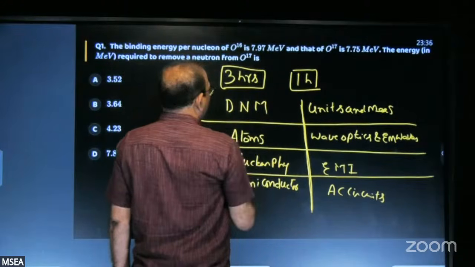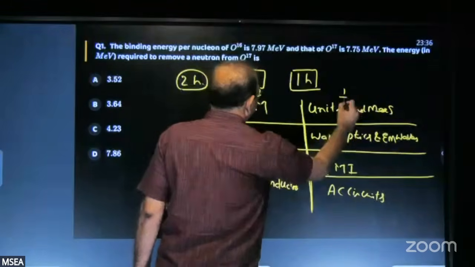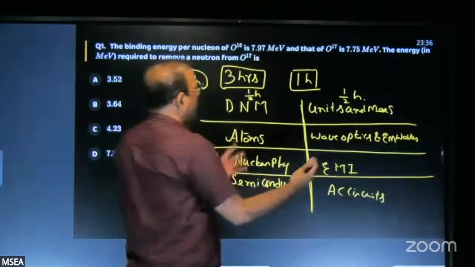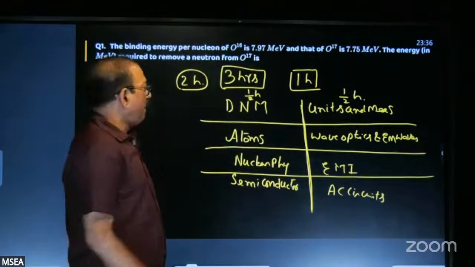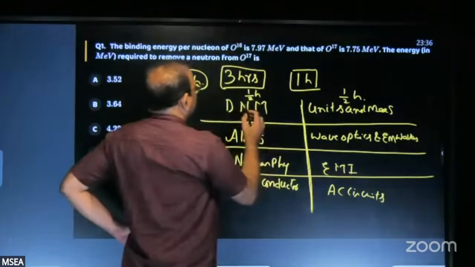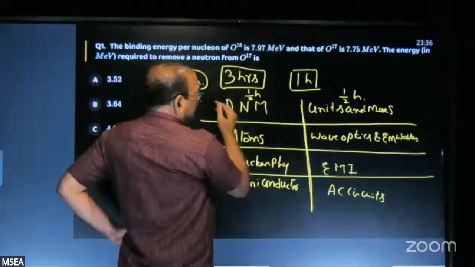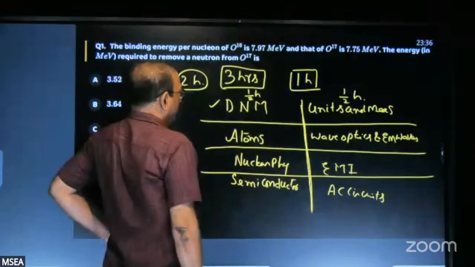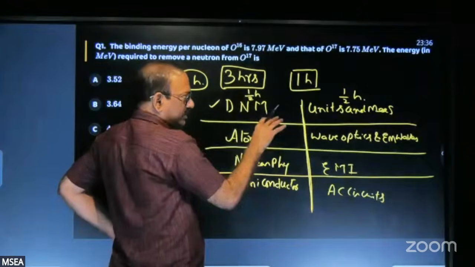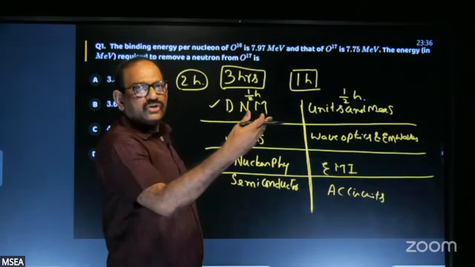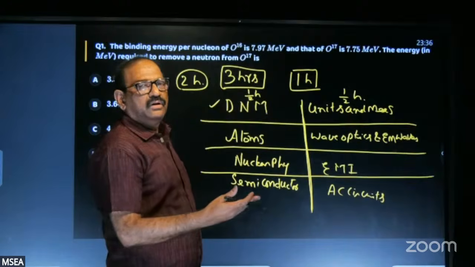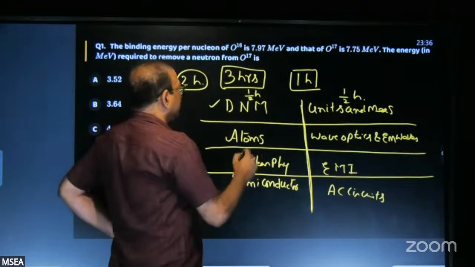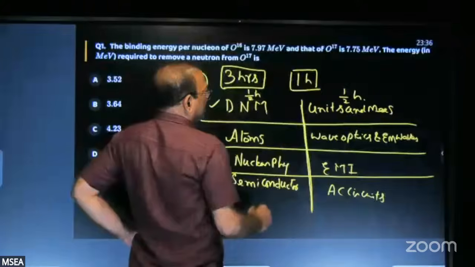Again, in this, for the first unit, half an hour. For the second unit, half an hour. Daily you allot. First day, suppose today, dual nature of matter, half an hour you revise. You revise the concepts and solve 10 to 15 questions.